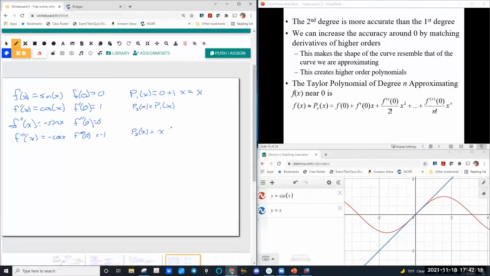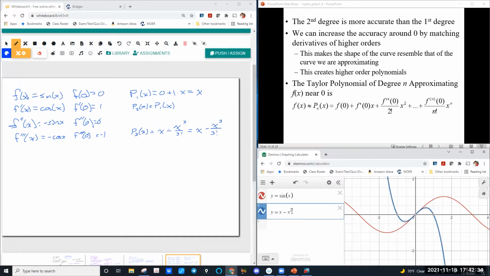Now it's going to be negative, so minus the coefficient, which is a negative 1, x to the third over 3 factorial. 3 factorial is just 6. x minus x cubed over 3 factorial. Now, we could start another polynomial, but all this does is add extra terms. So x cubed divided by 6, and I meant to write 6 there.